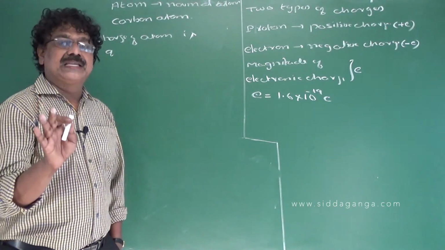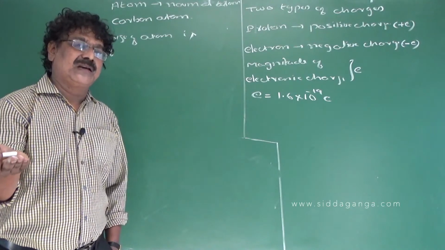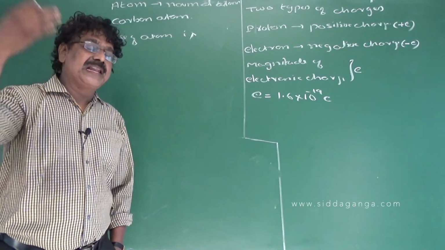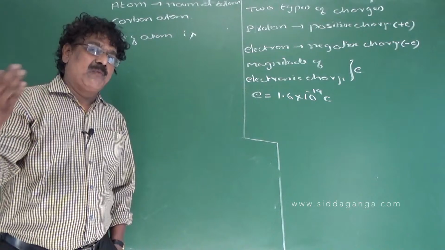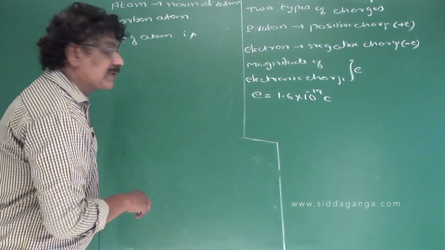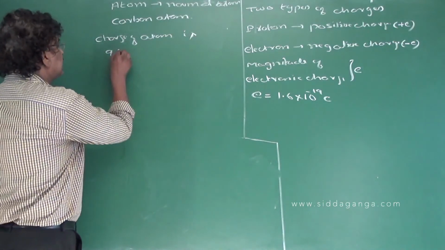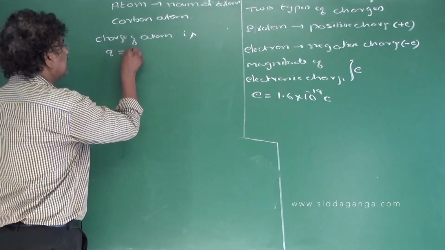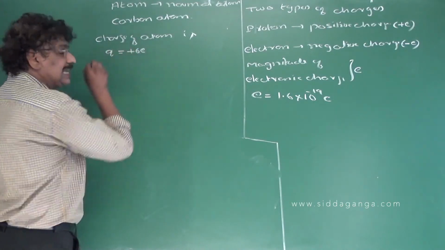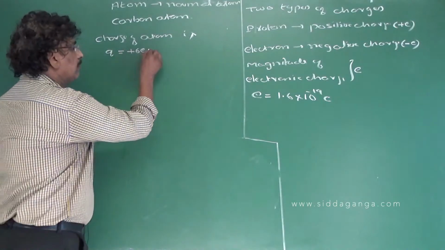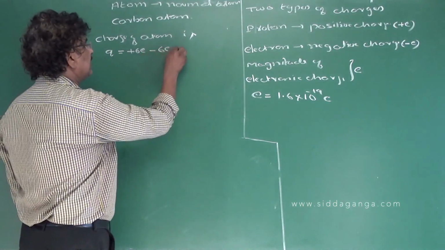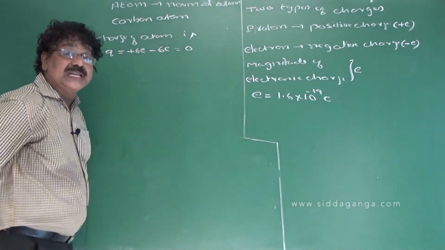Except for the charge on a proton and the charge on an electron, the charge of any other body, an atom, a molecule, a body, is represented by Q. Q is equal to plus 6e minus 6e, which is equal to 0.